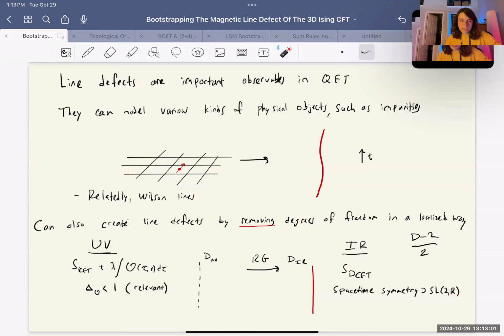This will contain the original scale transformations in addition to the translations and special conformal transformations that are isometries of this line. You can also throw in some of the transverse rotations and reflection symmetries that also preserve the defect, which we will do. But I think it's interesting in the future to explore defects which break some of these symmetries, though I'm not going to do that here.